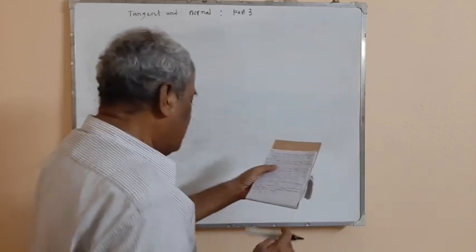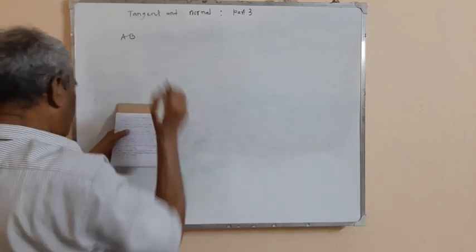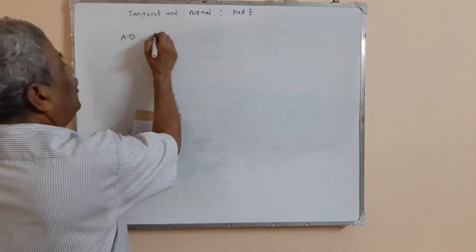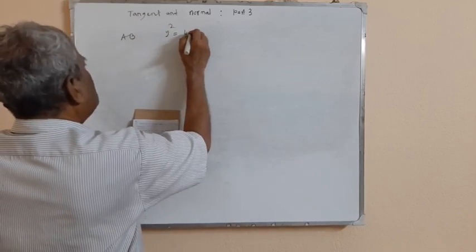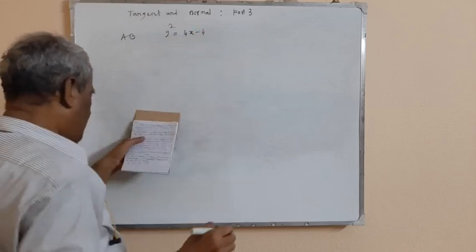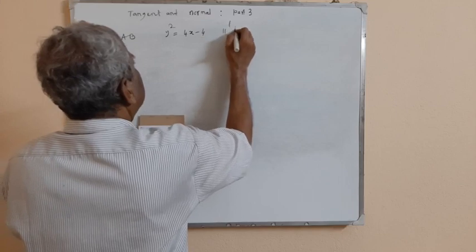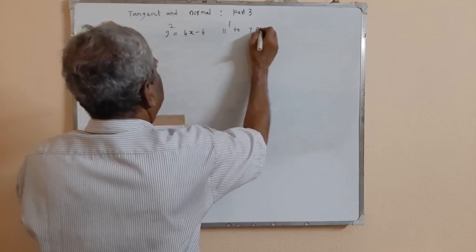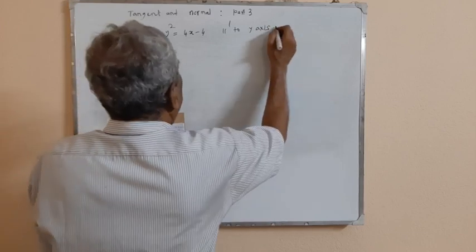Our next problem. AB is a chord of y square is equal to 4x minus 4, parallel to the y-axis and passing through 2, 1.